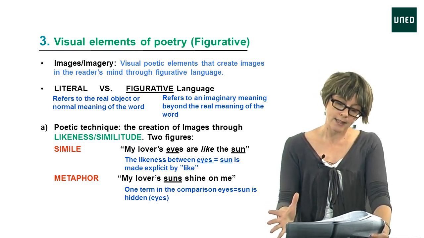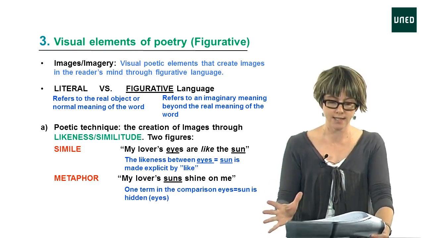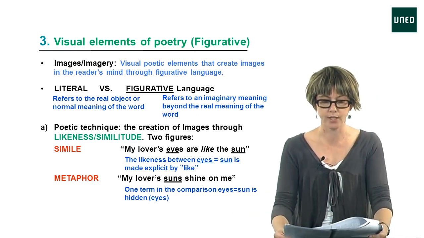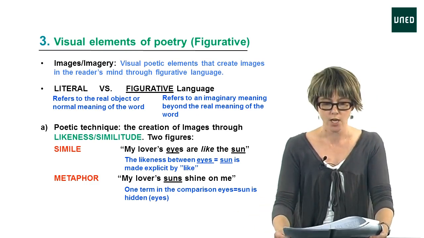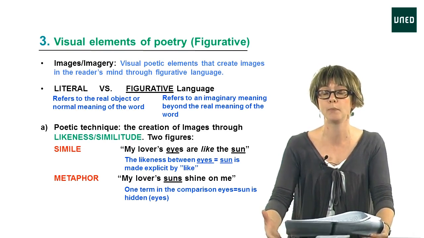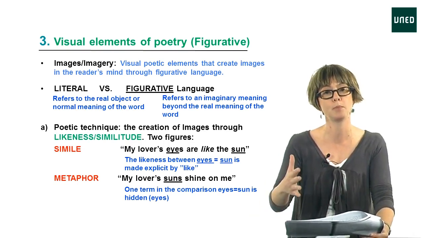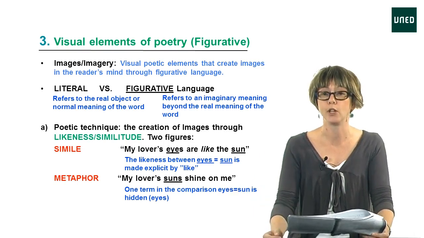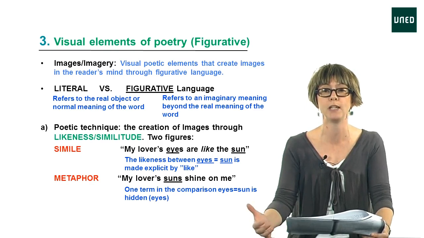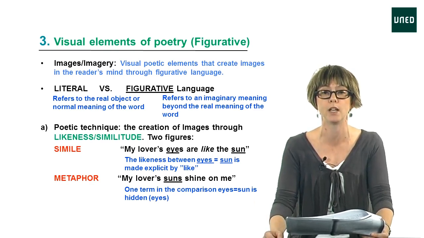To understand this, we have to differentiate and identify literal versus figurative language. The literal language will refer to the real object or the normal meaning of the word, the real object behind the word. Figurative language refers to an imaginary meaning beyond the real meaning of the word.